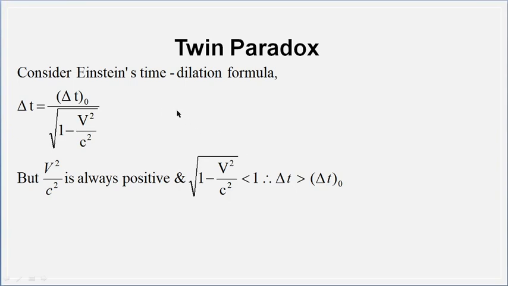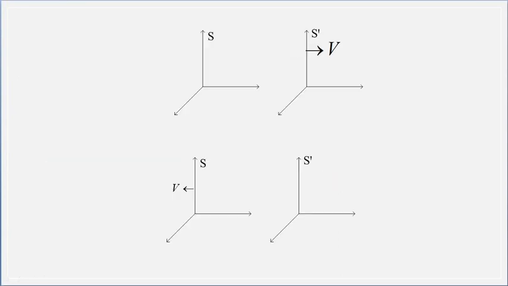And sometime back I had mentioned one example where there are friends who are of the same age. I had mentioned something like 17 years, and one of them goes with the speed of light, or very high speed, very close to the velocity of light.